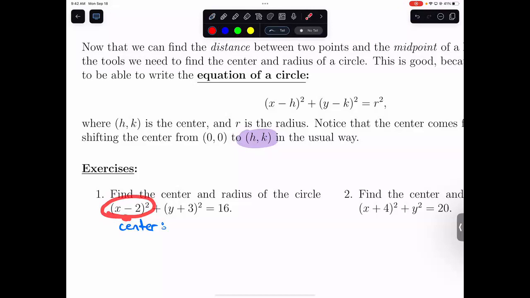So if by default the center is at the origin, then the x coordinate would be 2 to the right. This, again, is going to feel a little bit backwards, but y plus 3 is going to shift 3, but which way? Down. Yeah. It's going to work the way that x normally does because it's grouped in with the y, which is not what we're used to, right? So that means that the center would be 2, -3.